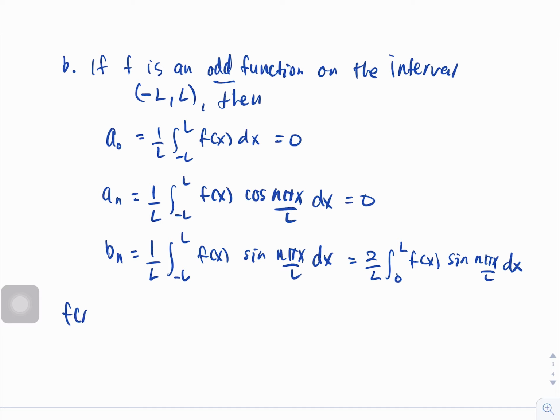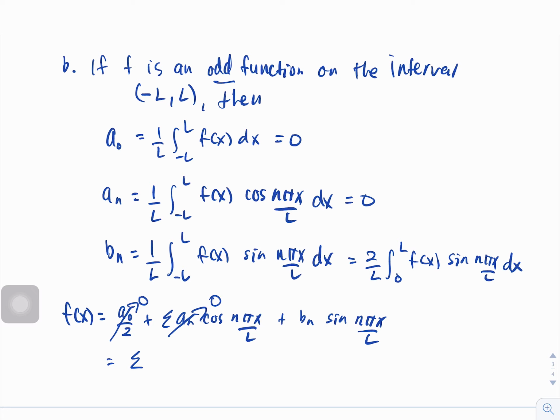Therefore, our Fourier series, where f is an odd function, is a naught over 2 plus the summation of a_n cos(n pi x over L) plus b_n sine(n pi x over L), where a naught is equal to 0 and a_n is equal to 0. Therefore, we will have the summation of b_n sine(n pi x over L). And this is called the Fourier sine series.